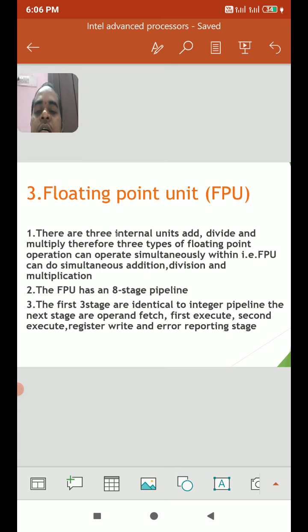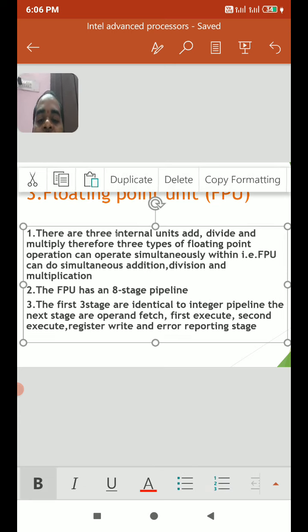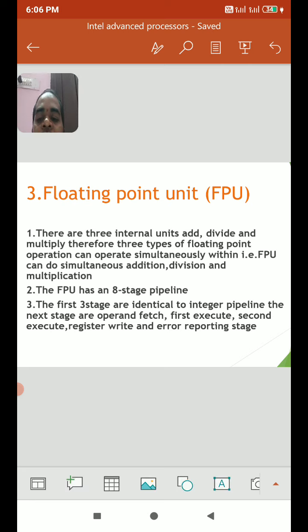Basically the FPU, the floating point unit, is an 8-stage pipeline. The first 3 stages are identical to the integer pipeline stages.